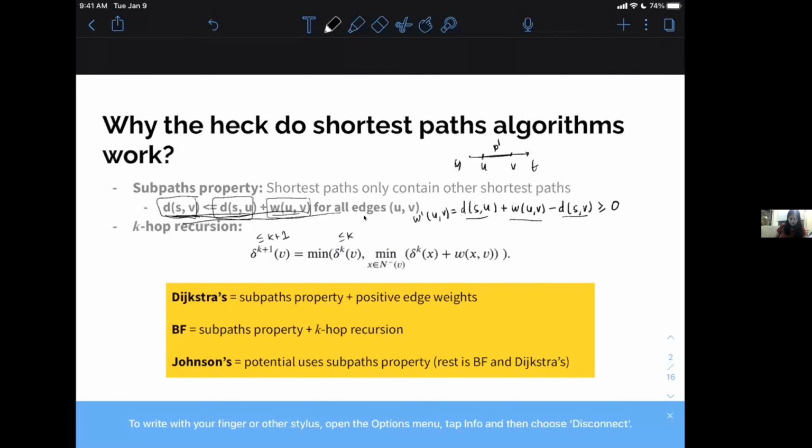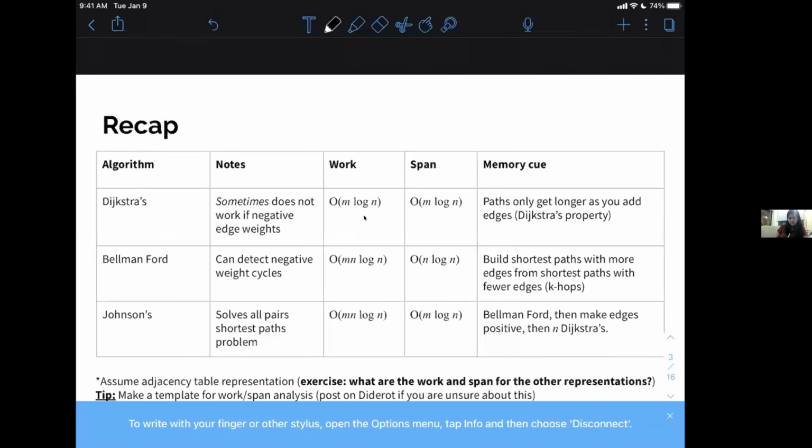Okay, cool. So this is just a quick recap table of all the algorithms. Dijkstra's is the first one. This is the greedy priority queue based search algorithm. It's completely sequential, with work O of m log n and span O of m log n. My little memory cue for why it works is that it relies on the assumption that your paths can only get longer as you add edges.